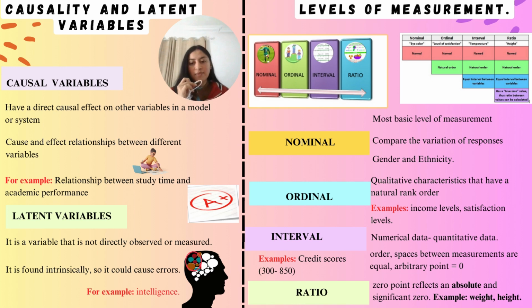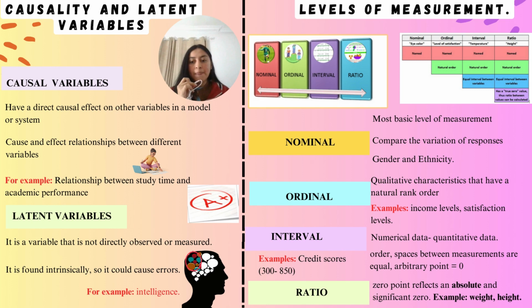For example, intelligence is a latent variable because it cannot be measured directly. Instead, researchers can use observable variables such as intelligence test scores to infer or estimate the underlying construct of intelligence.